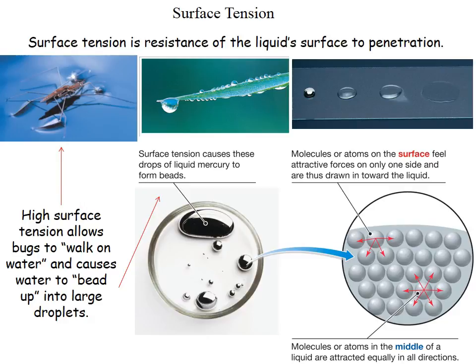Even if it's just London dispersion forces, they're still attracted to each other. And of course, other intermolecular forces are even stronger. For example, water, hydrogen bonding. So the molecules in the middle of the sample are going to feel equal attraction on all sides. But the molecules at the surface are only attracted by molecules below them. There's nothing above them, and therefore they're sort of drawn inward toward the liquid, which is what gives it that rounded shape.